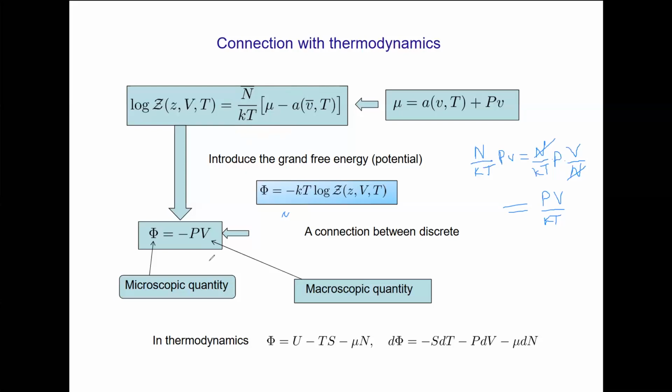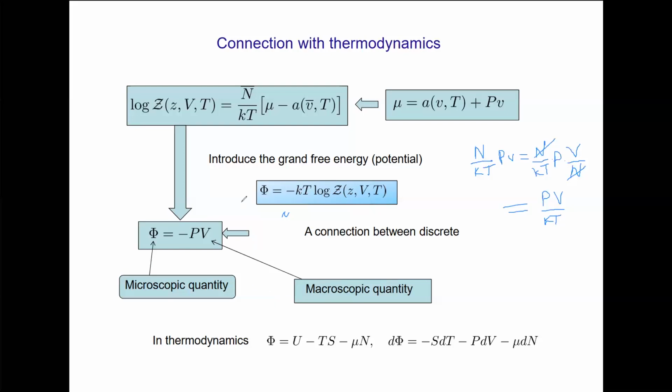So if we introduce the so-called grand free energy, or sometimes called the grand free potential, capital Phi equal to minus PV, then this capital Phi is equal to minus kT log of Z, where Z is the grand canonical partition function.